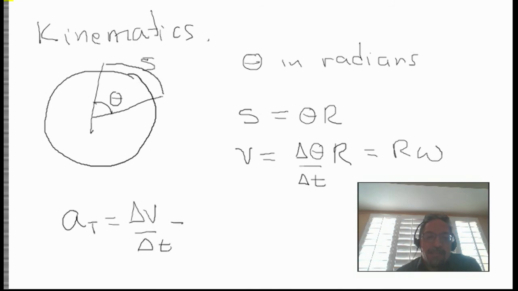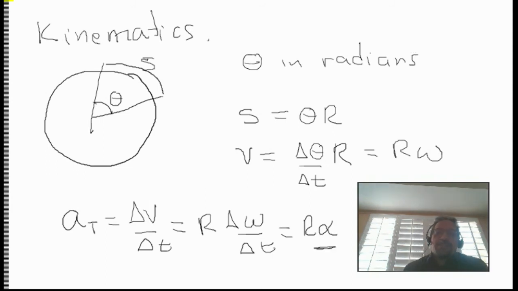So we do the same operation and we end up with the definition of angular acceleration, which is the change in the angular velocity divided by the time interval. Please note that all these angular variables, theta, omega and alpha, are measured positive when it is counterclockwise and negative when it is clockwise.